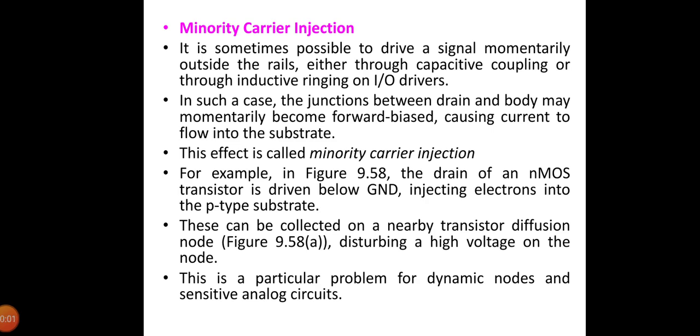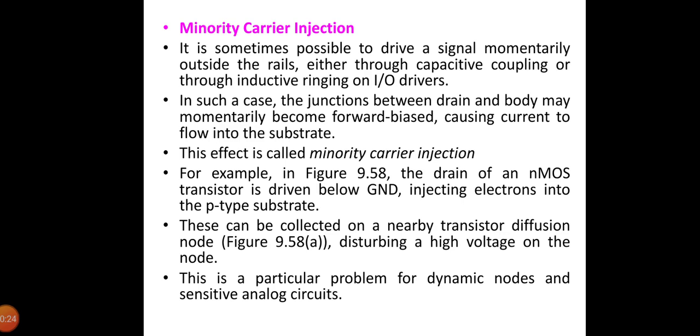And the next problem here is minority carrier injection. It is sometimes possible to drive a signal momentarily outside the rails, either through capacitive coupling, inductive ringing, or IO drivers. In such a case, the junctions between drain and body may momentarily become forward biased, causing current to flow into the substrate. This effect is called minority carrier injection.